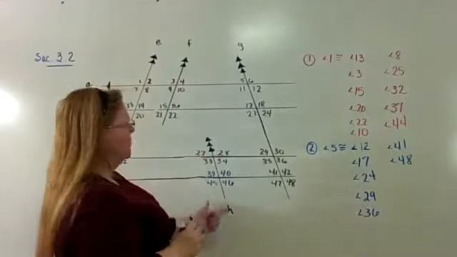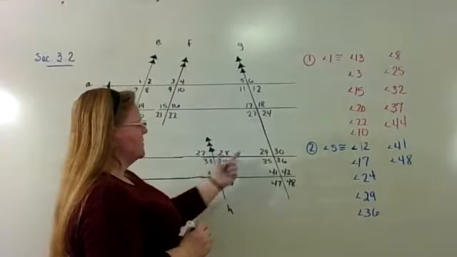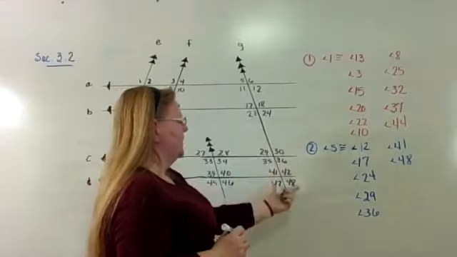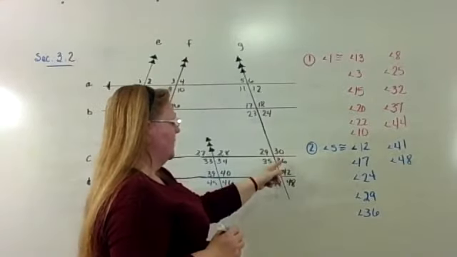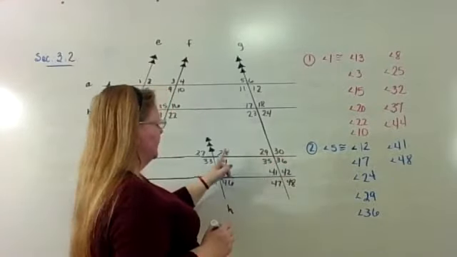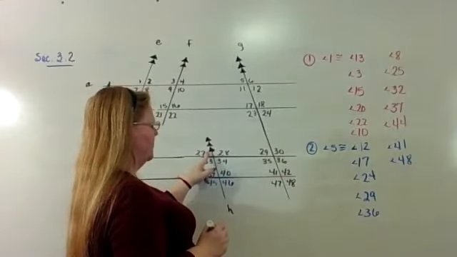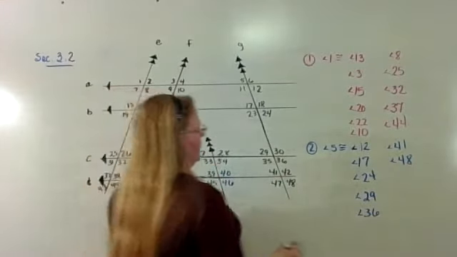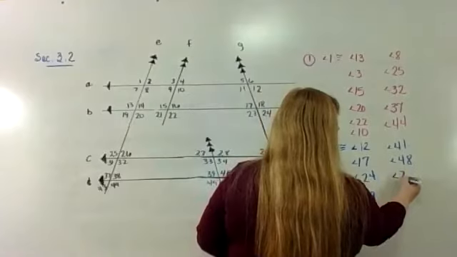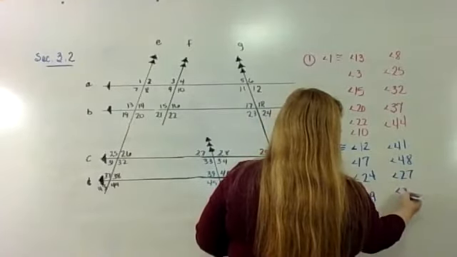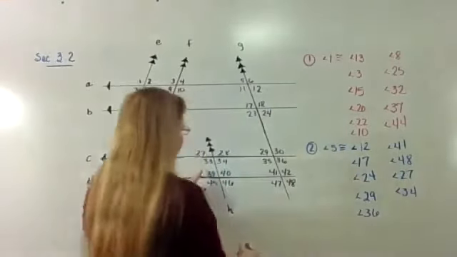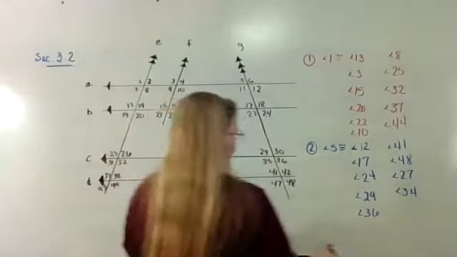Then we get to come over here, because since we know that it's true over here, I can count angle 36 as a link to my angle 27 and angle 34. And then angle 39 and angle 46.